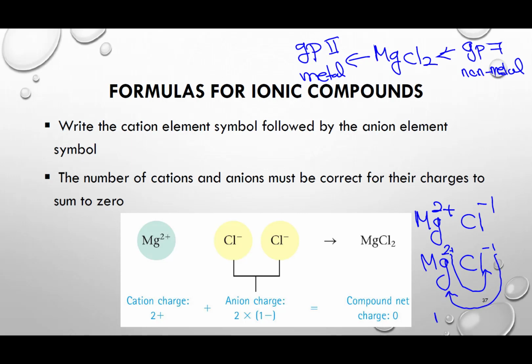Then it becomes MgCl2, and we don't write 1. Okay, it should have been like that, but we don't write the 1. That's why I'm going to just take it off.